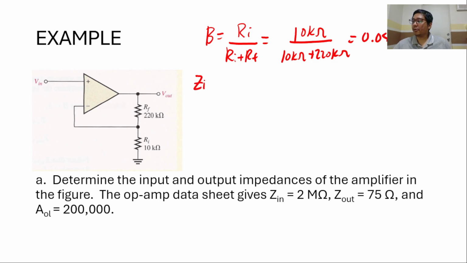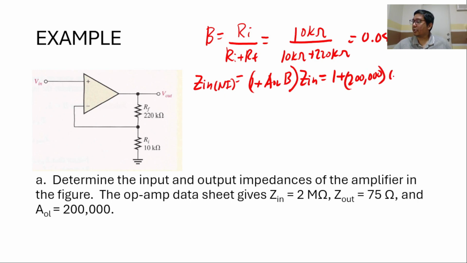The equation for the input impedance of a non-inverting amplifier is equal to 1 plus AOL times B times Zin. That is equal to 1 plus 200,000 times 0.0435 times 2 megaohms.